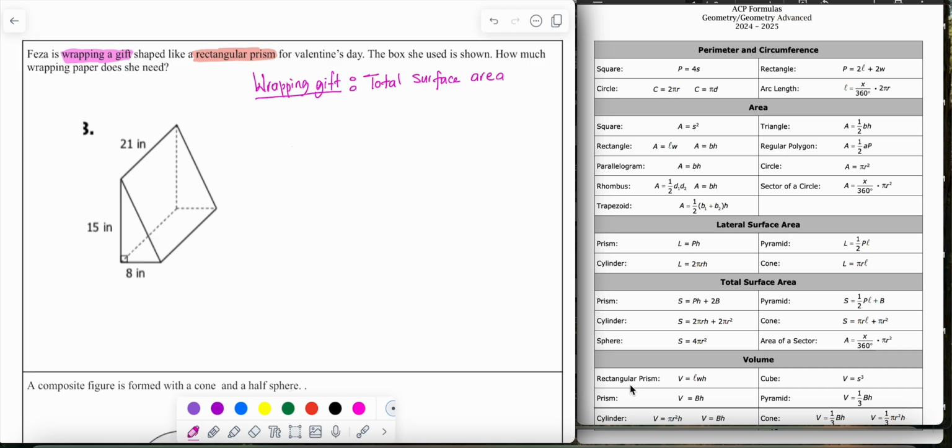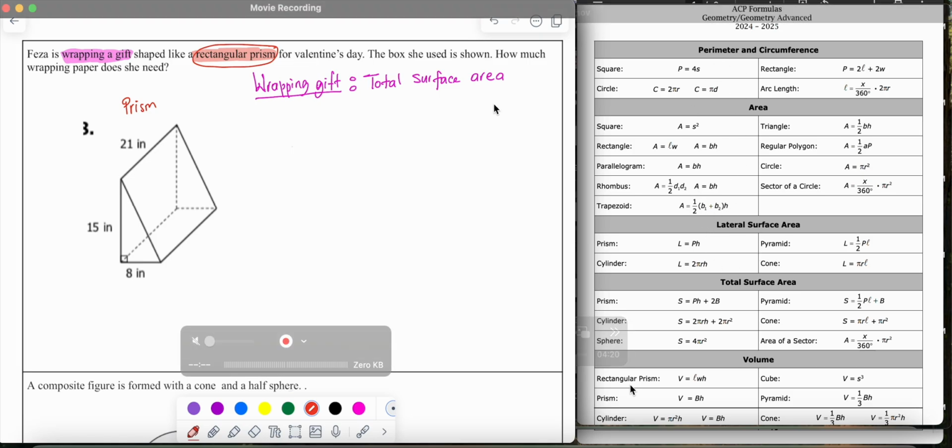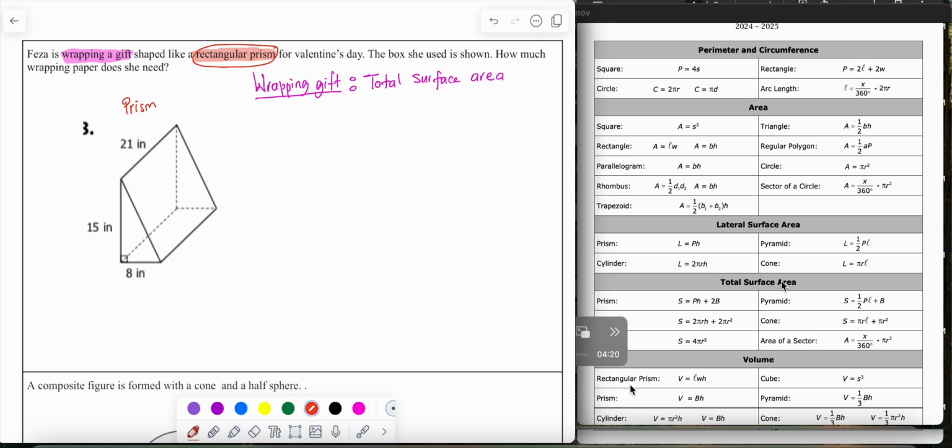Okay. Now they also tell us the shape. This is a prism. It says it right here: the box of the gift is shaped like a rectangular prism. So you're going to go to your formula sheet and look for total surface area, and we can see it's right here.